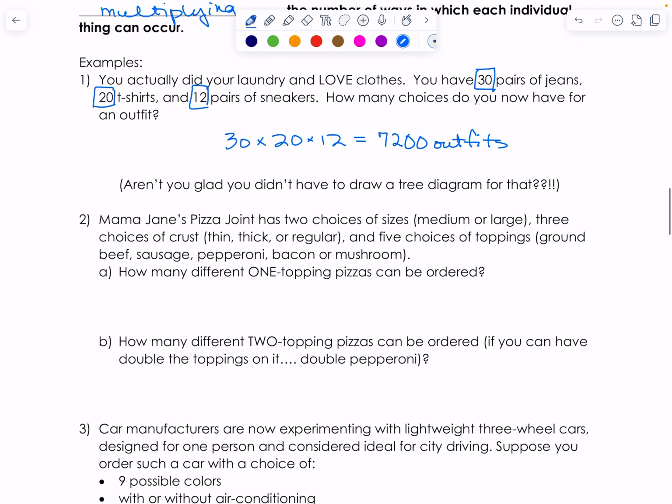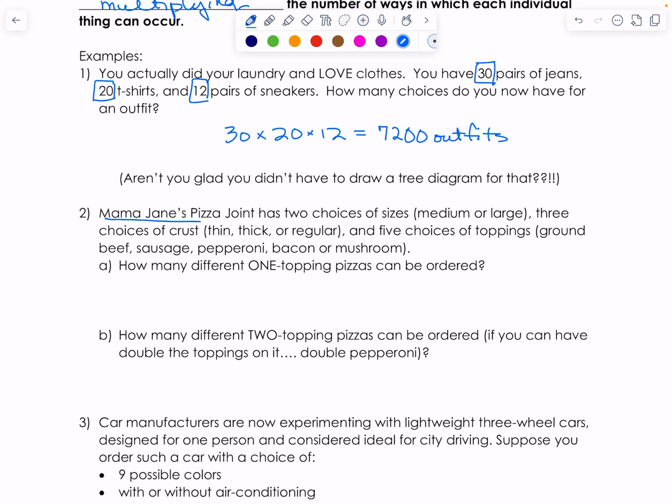Okay, so let's talk about Mama Jane's Pizza Joint. She has 2 choices for sizes: you could get a medium or a large. She has 3 choices for the kind of crust: thin, thick, or regular. And she has 5 choices of toppings. We want to know how many different 1-topping pizzas she could order.